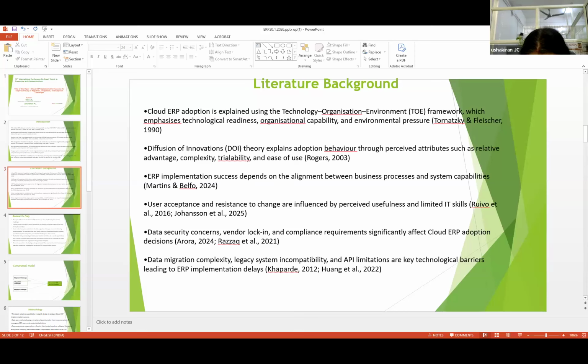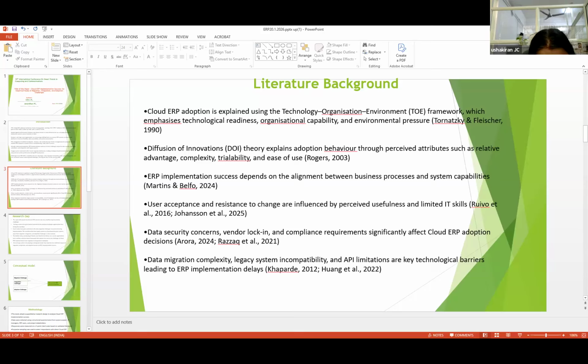The second theory is diffusion of innovation theory, which focuses on adoption behavior influenced by relative advantage, complexity, ease of use, and trialability. Both theories explain how the technical and behavioral aspects of cloud ERP implementation can be examined.